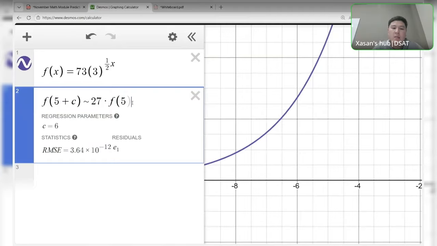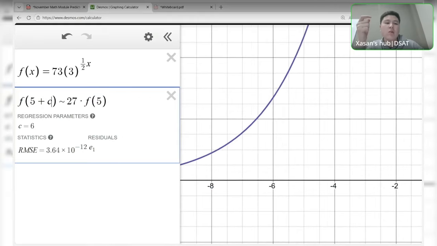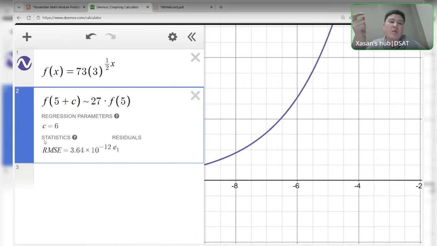Why? Because that's now the original value multiplied by 27 when you increase the value of x by c. Is it clear? We have f of 5, and when you add c to the x, it must be multiplied by 27. So therefore, I'm writing down f of 5 plus c equals 27 times f of 5.